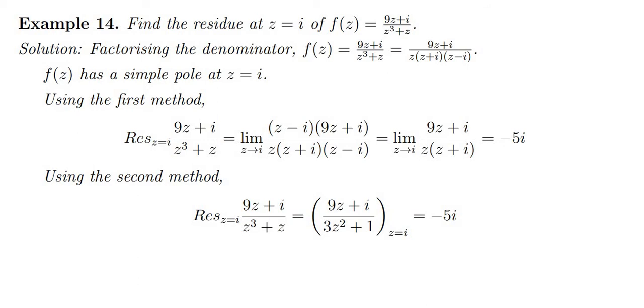If we use the first method, then the residue is equal to the limit as z tends to i of (z − i) times f(z). Evaluating the limit, this residue is equal to −5i. We can also evaluate this residue using the second method. The residue at z = i of this function is equal to (9z + i)/(3z² + 1) evaluated at z = i, which is again −5i.